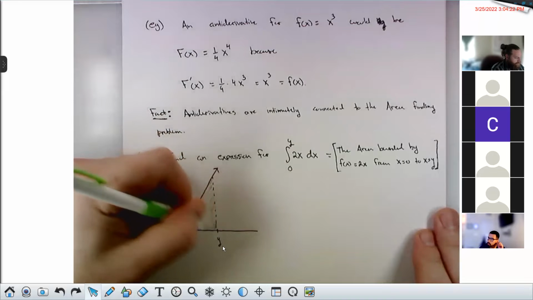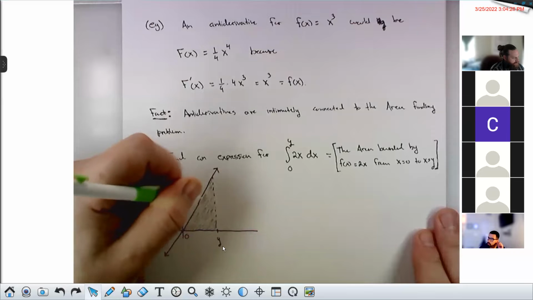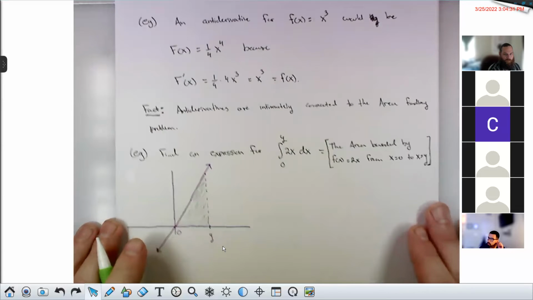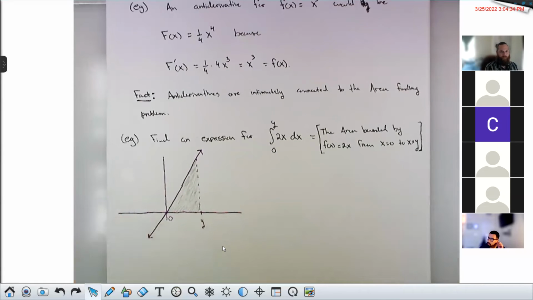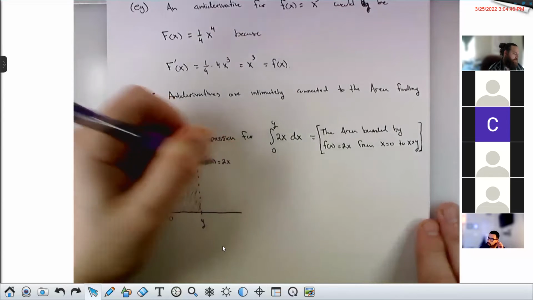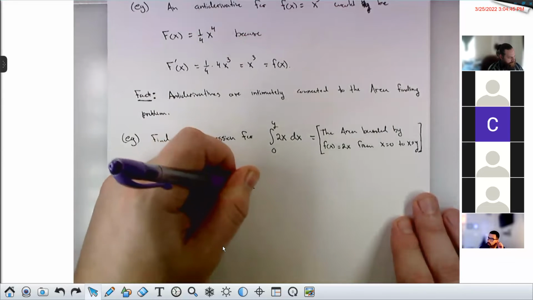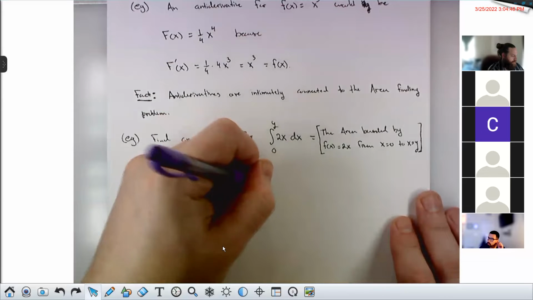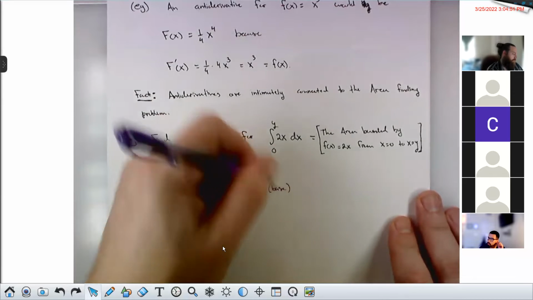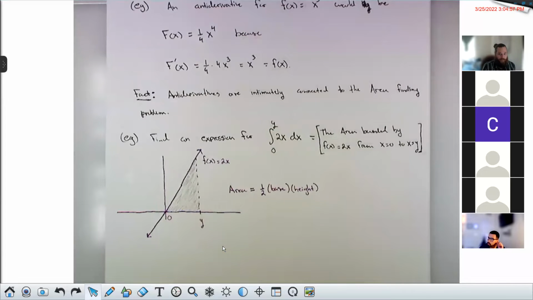I chose a nice simple function 2x because I know that I can calculate this area exactly without any fancy Riemann sums. It's the area of a triangle. This is the graph, f of x equals 2x. So it's going to be 1/2 the base times the height. You could also do this with Riemann sums, but it's going to be a big pain, and there's no reason to because it's a triangle. So just use this geometry formula.